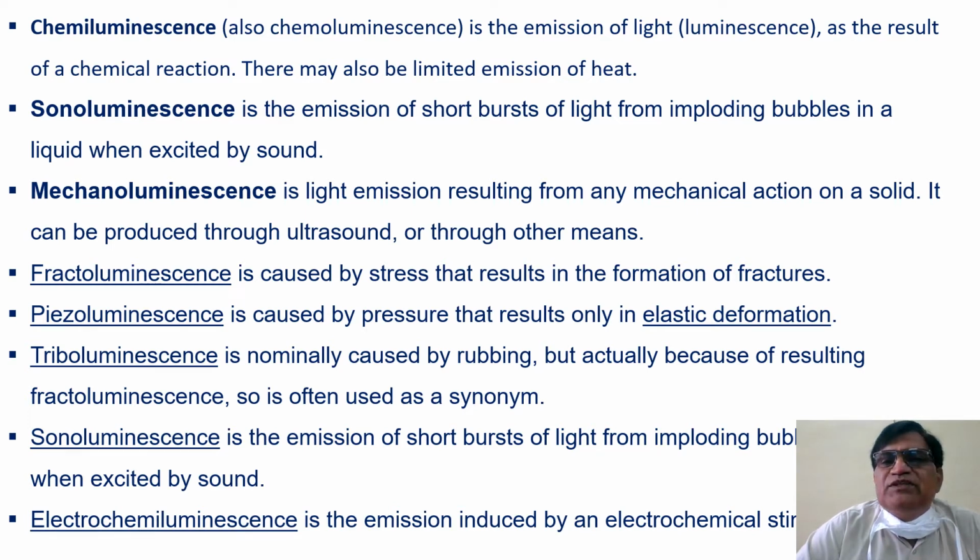Chemiluminescence means the emission of light as a result of a chemical reaction. Mechanoluminescence is light emission as a result of mechanical action on certain solids. It can be produced through ultrasound or other mechanical methods also. Fractoluminescence is caused by stress that results in the formation of fractures.